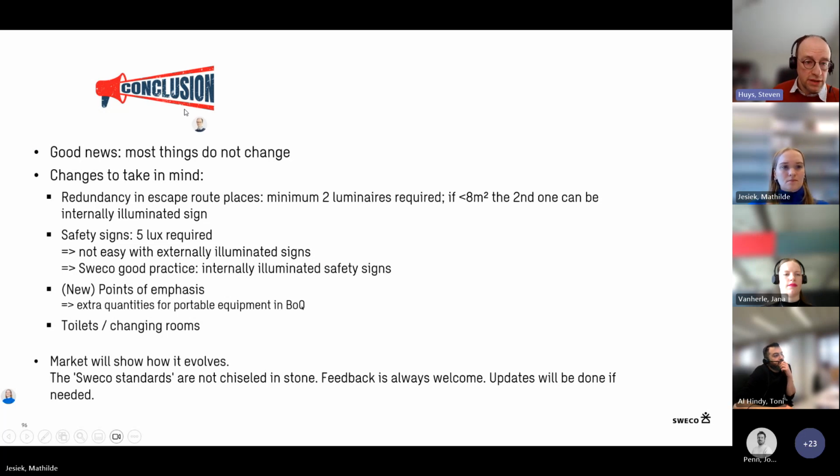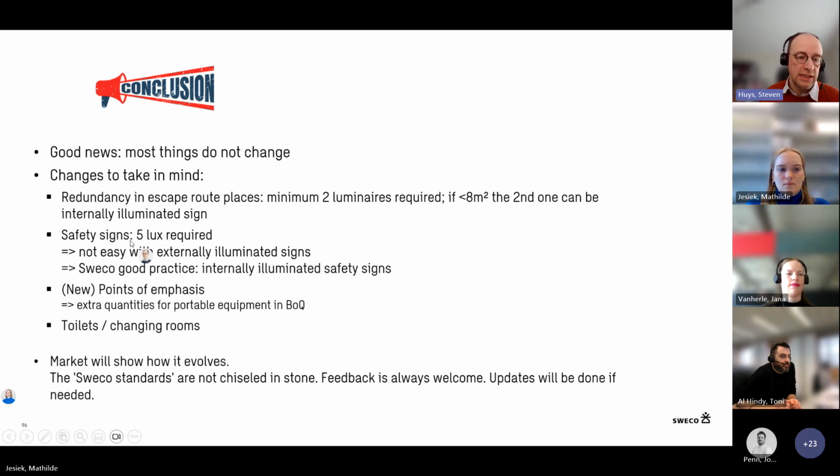So what's the conclusion? The good news is that most things do not change. The most important changes to take into account are, we think, the redundancy in the escape route plan, so the minimum of 2 luminaires.